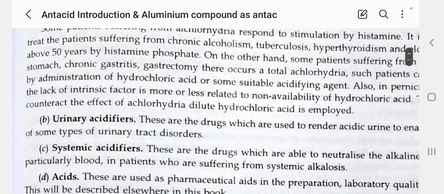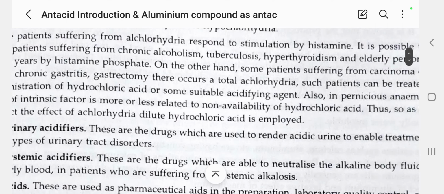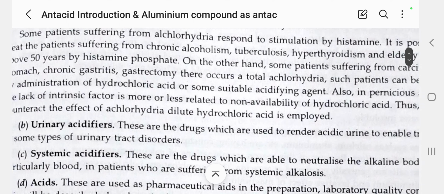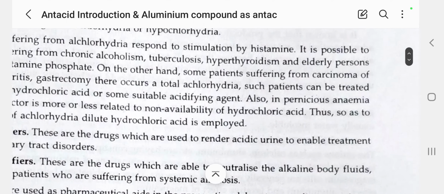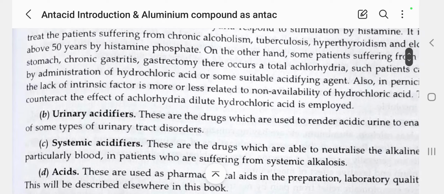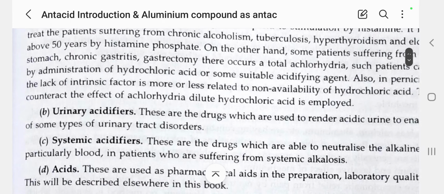On the other hand, some patients suffering from carcinoma of the stomach, chronic gastritis or gastrectomy have a total achlorhydria. Such patients can be treated by administration of hydrochloric acid.